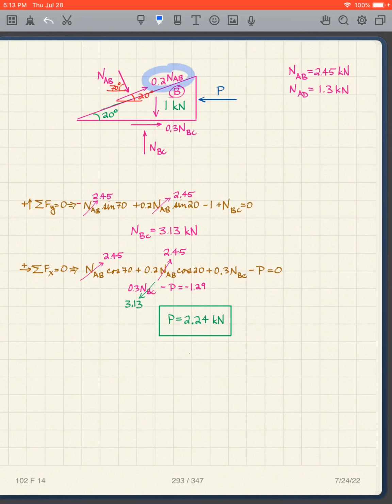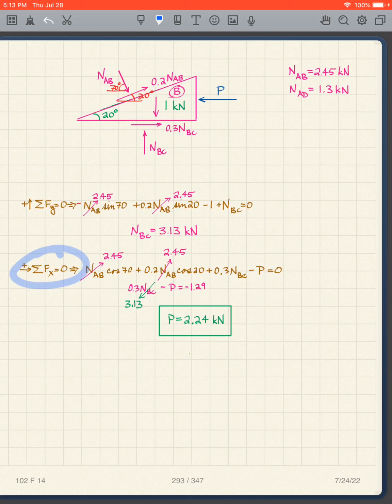For this one, it's going upward, so it's going to be plus 0.2 NAB, and again, sine of the angle, which is 20 in this case. That's downward, so it's minus 1, and this is upward, so it's positive NBC. I already know what NAB is. I can fill that in, and I can solve that equation for NBC. It's 3.13 kilonewtons.